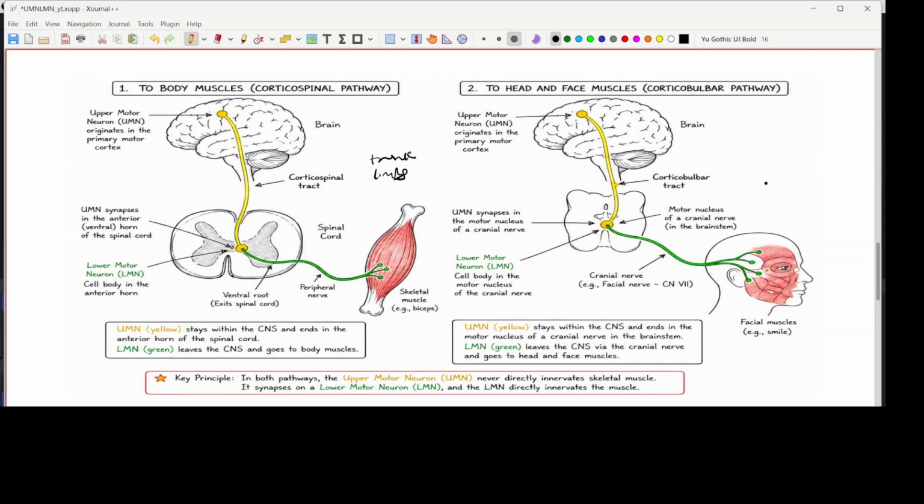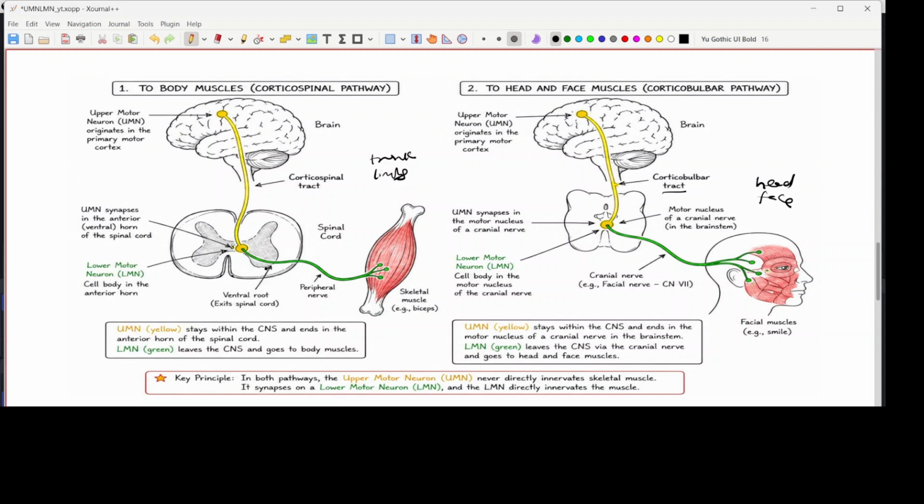If the targeted muscles are supplied by the cranial nerves, mainly muscles of the head and face, it travels through the descending pathway called the corticobulbar tract. We are going to discuss these pathways shortly.